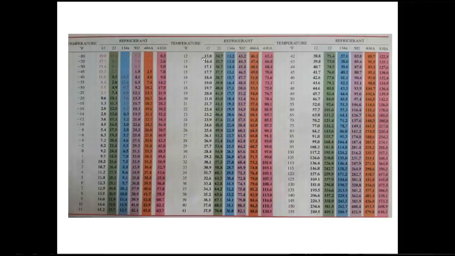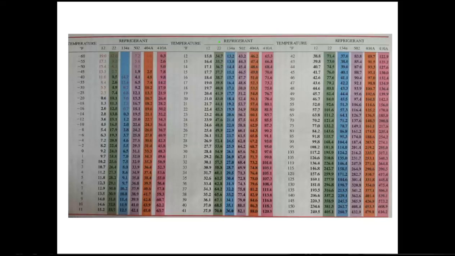Now this is the PT chart that we have in our book, and let's just verify that. Now remember, we talked about the PT chart. It only relates to our refrigerant when it's at the saturation point. So that's when we're at that saturation point right now at the coil.